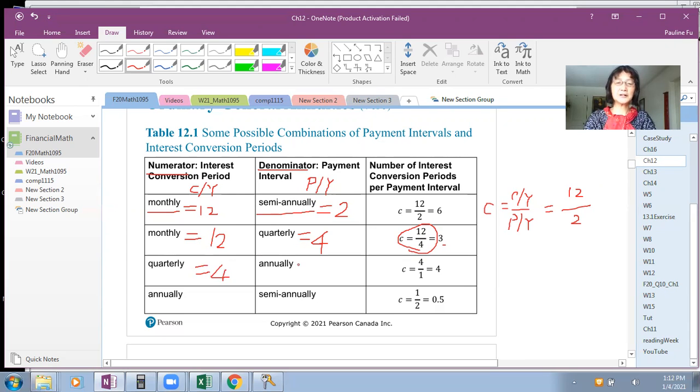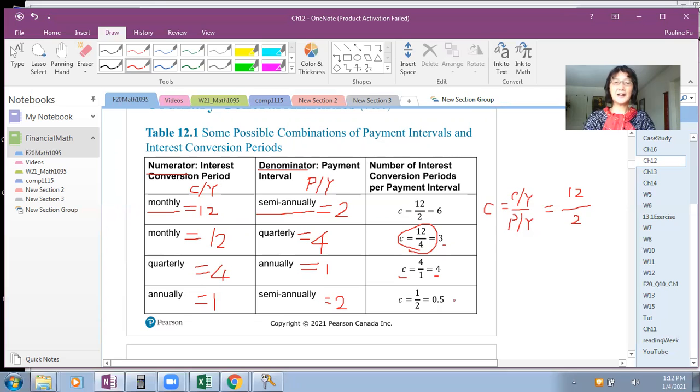You make payment once a year, PY equals 1. So C equals 4 over 1, equals 4. Last example: interest is compounded annually, so CY equals 1. Payment semi-annually, PY equals 2. So C equals 1 over 2, 0.5.